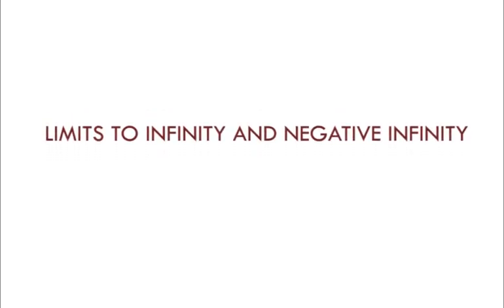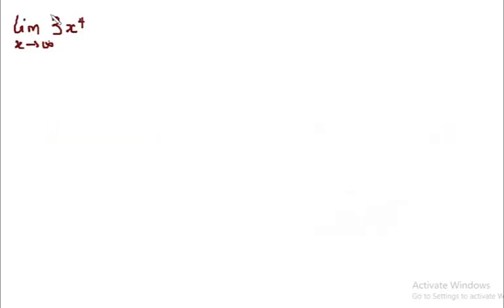In this video, we are going to talk about limits at infinity and negative infinity. We already have an example on the screen: find the limit as x approaches positive infinity of 3x to the power of 4. The simple step you can take is to substitute the limit value here.